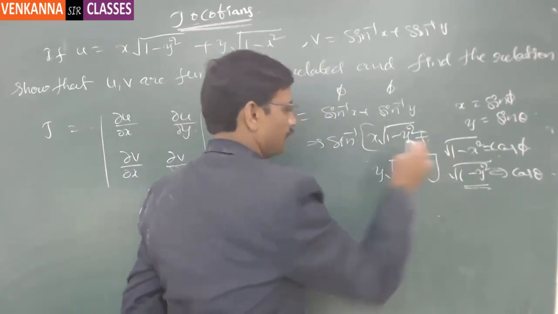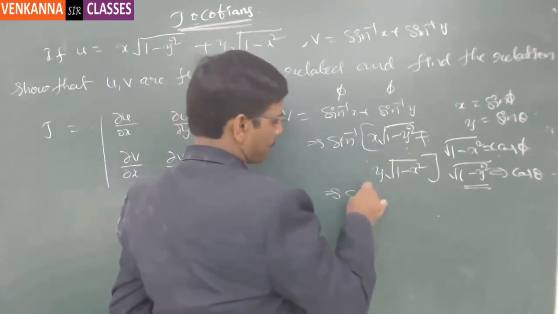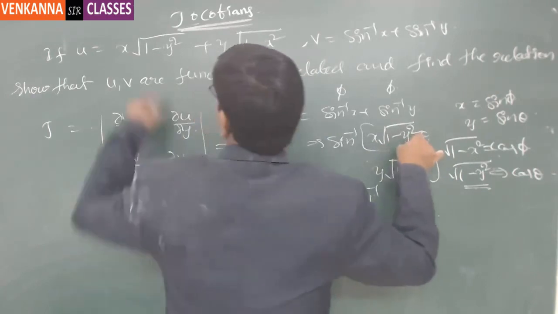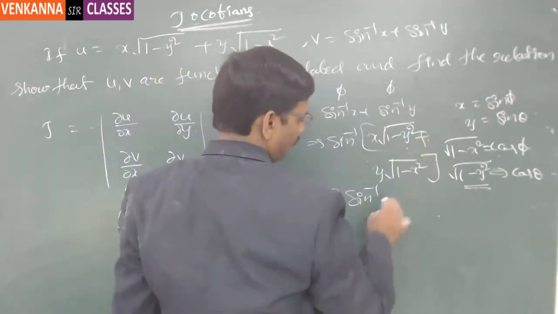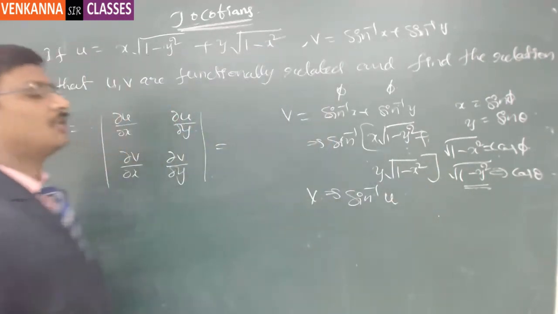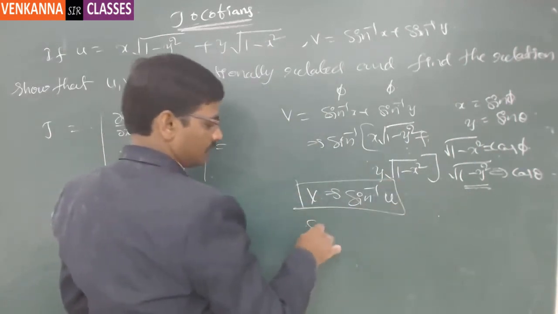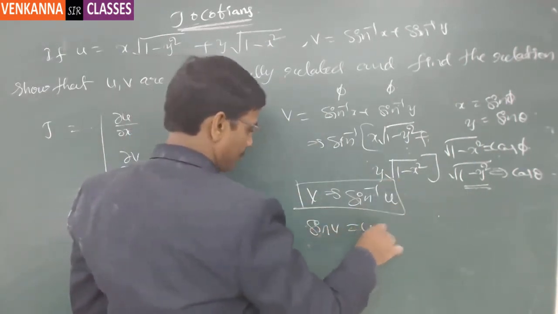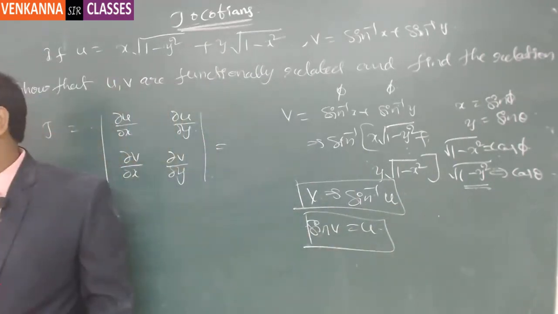So this is sin inverse of x into square root of 1 minus y square plus y into square root of 1 minus x square, which is u. So v is equal to sin inverse of u. So this is the functional relation between these two, or sin v is equal to u. If you notice, we are directly relating the functions avoiding x and y.